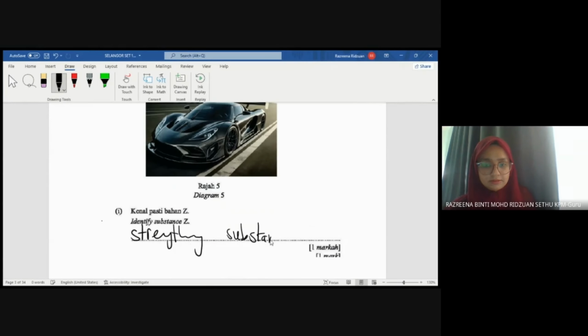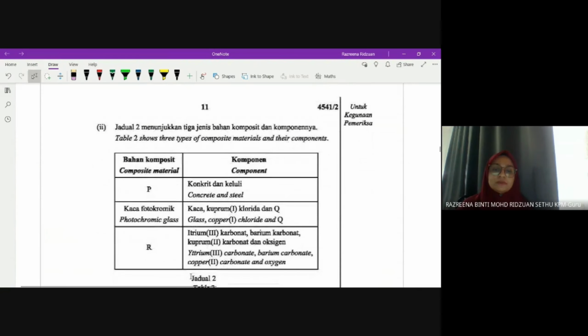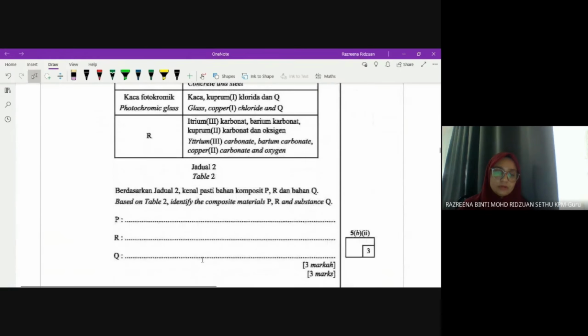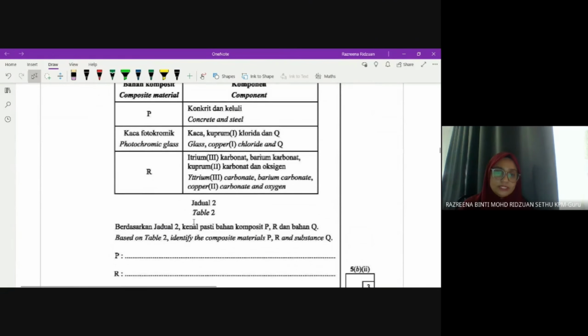Table 2 shows 3 types of composite material and their components. You have P, concrete and steel. Photochromic glass, you have glass, copper 1 chloride, and Q. R is yttrium carbonate, barium carbonate, copper 2 carbonate, and oxygen. Based on table 2, you need to identify what is P. When you see concrete and steel, they should be the reinforced concrete.